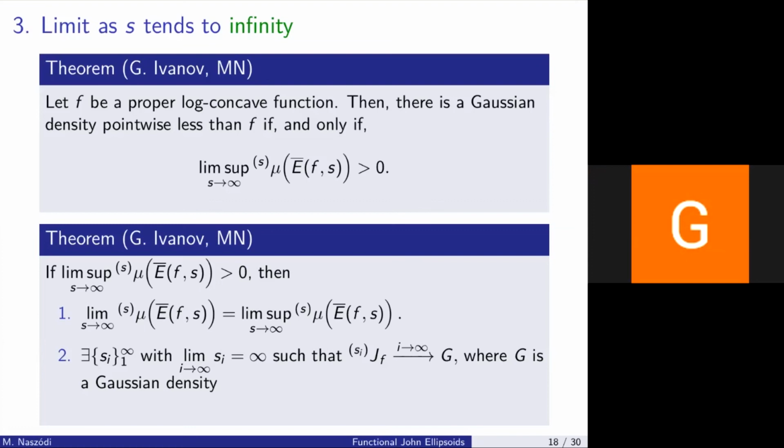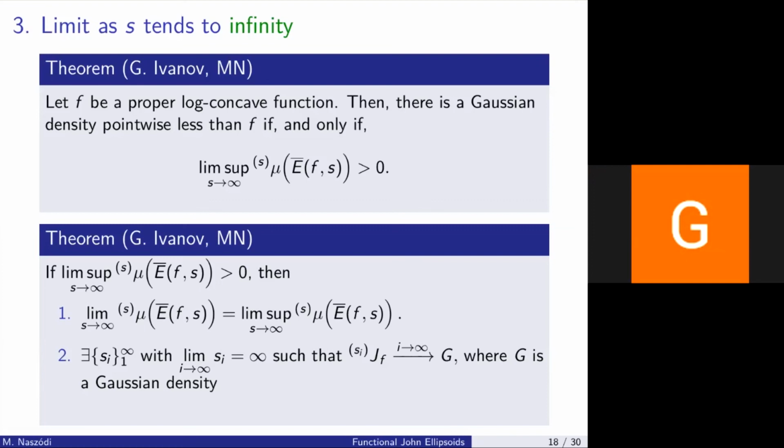In the primal problem, we consider a log-concave function and look for a Gaussian distribution below this function, and if it exists, it's not necessarily unique.